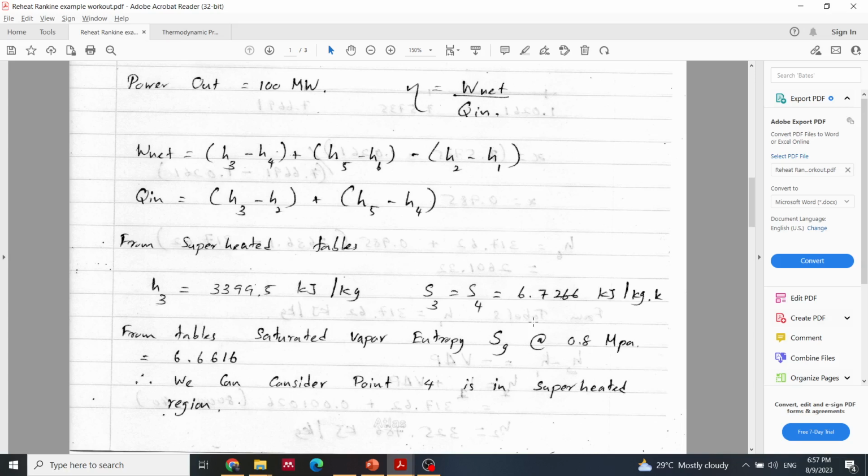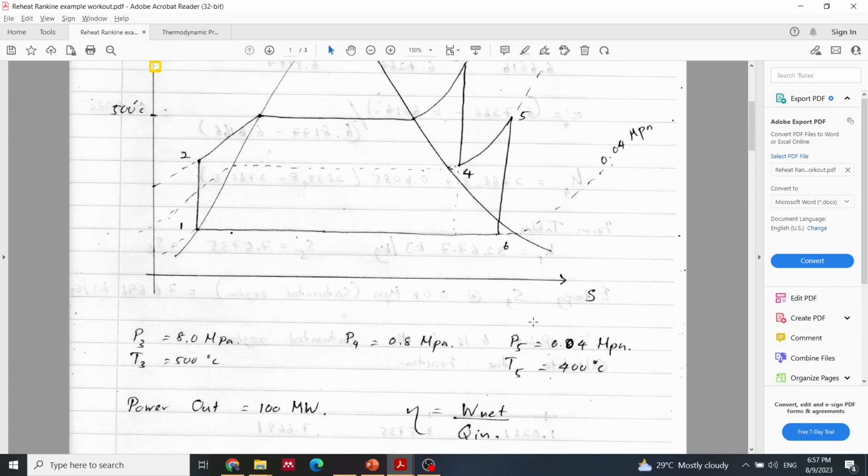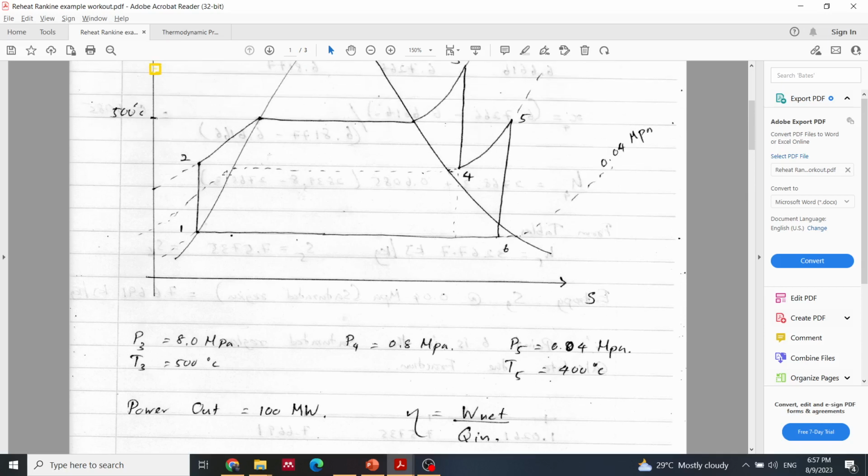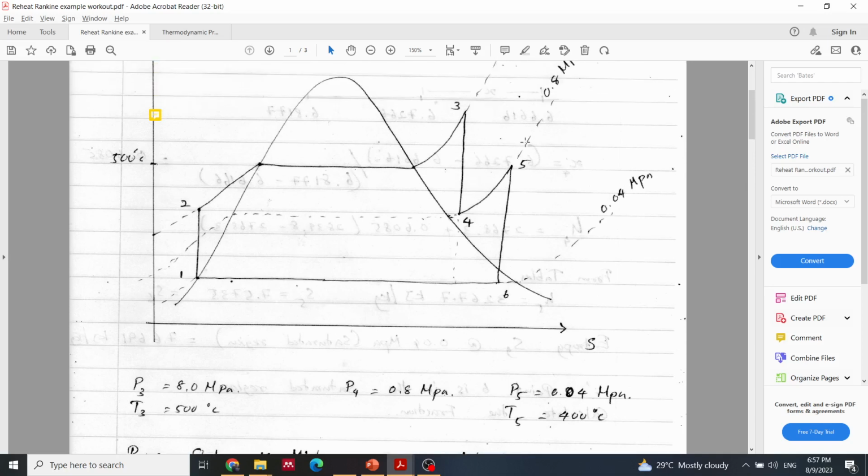Now the next thing is we need to find H4. The problem is, where will that point be? It can be in the superheated region or in the saturated region. To find that out, we can refer to the saturated table and consider the 0.8 megapascal pressure line and find the S value there. Here you have SF, the entropy of the liquid, so you have 100% liquid here and 100% gas here.